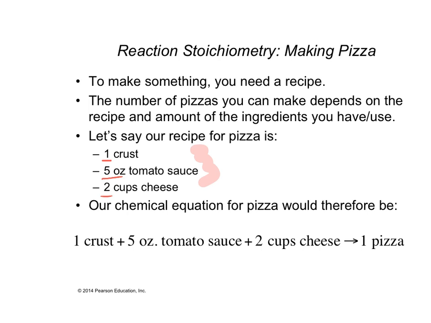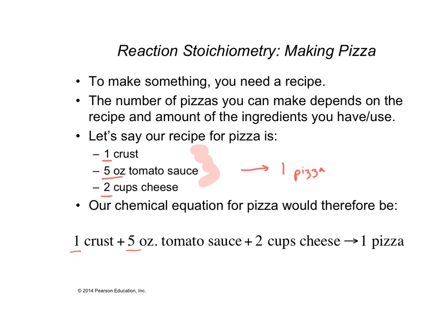What is going to be the product in this chemical reaction? Pizza. So these guys are all going to combine, and how many pizzas are you going to make out of this? Just 1, right? So if we wrote this as a chemical equation, it would look something like this, where we have these numerical relationships as if they were little stoichiometric coefficients in our reaction, okay? So for every 1 crust and 5 ounces of tomato sauce, 2 cups of cheese, you make 1 pizza, okay?